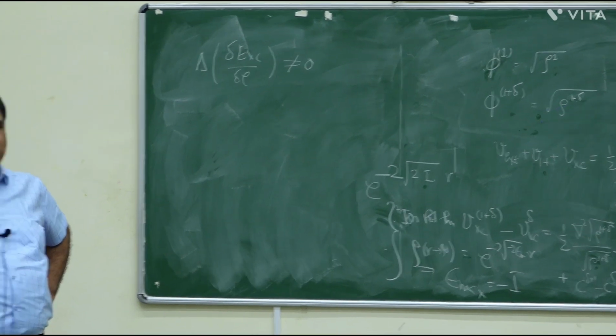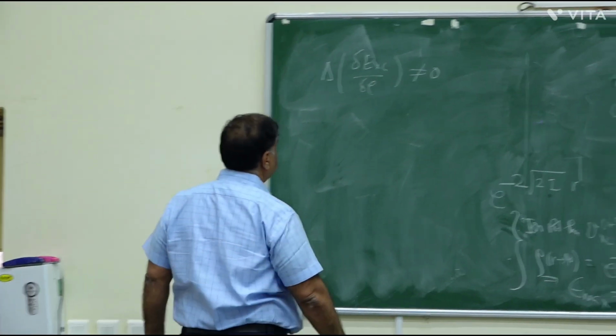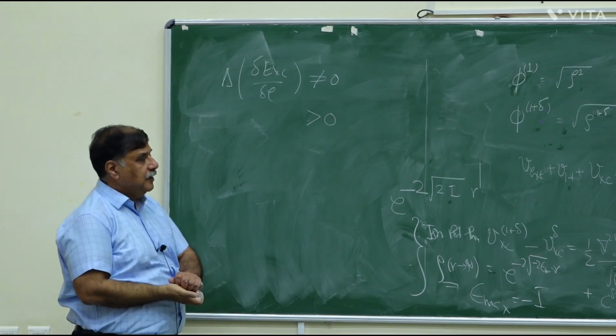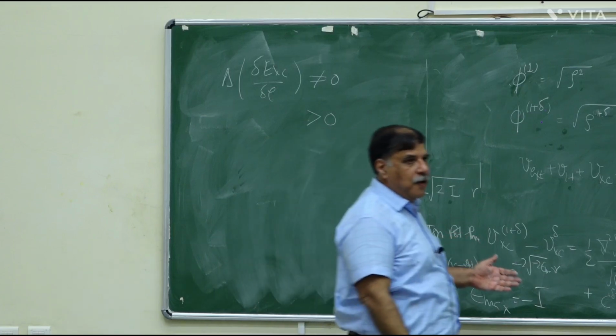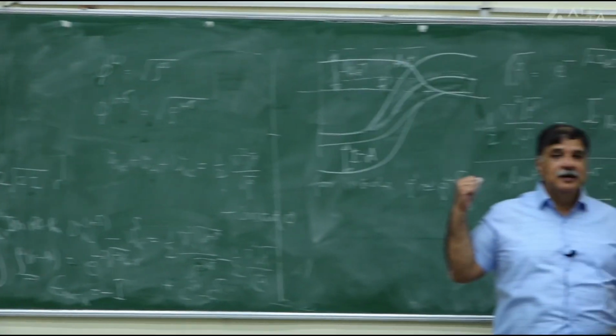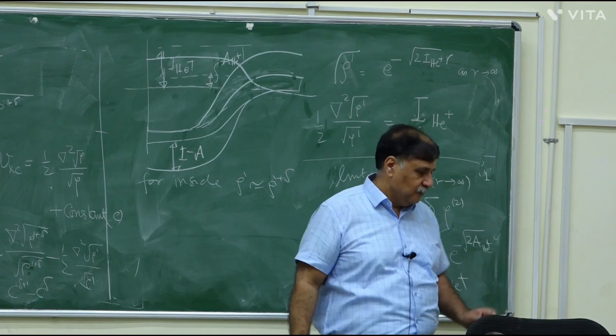And it will be greater than 0, because finally it's related to I minus A. I minus A is always greater. Any questions? Because this is a very subtle concept.